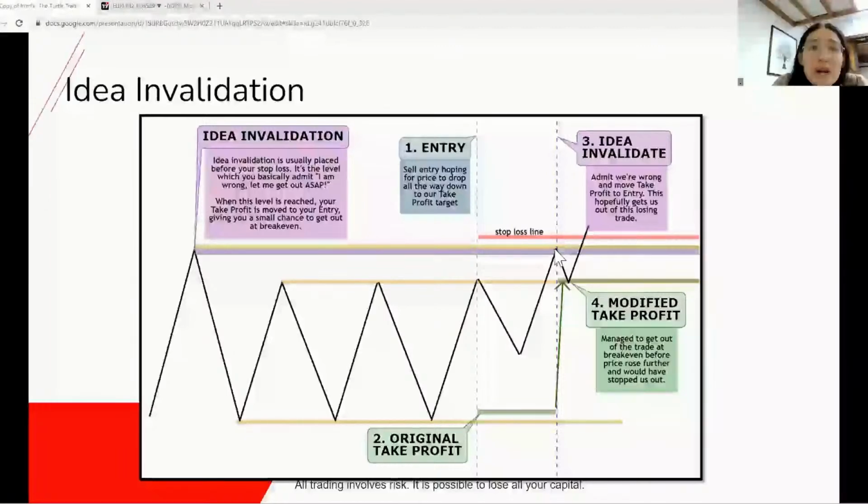So once it hits our entry, then we realize that we're wrong, and that's where we place our take profit at our entry. So that gets us out of our losing trade. We get out of the trade at break even before price rises further and would have stopped us out.